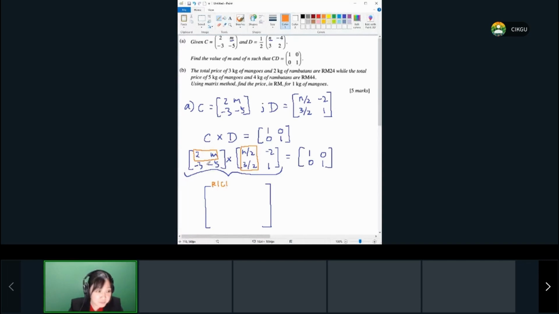That means when you multiply, 2 times n over 2, m times 3 over 2. Of course, these two have to be added together. This value is going to be on the first row and the first column of the resultant matrix of this answer.